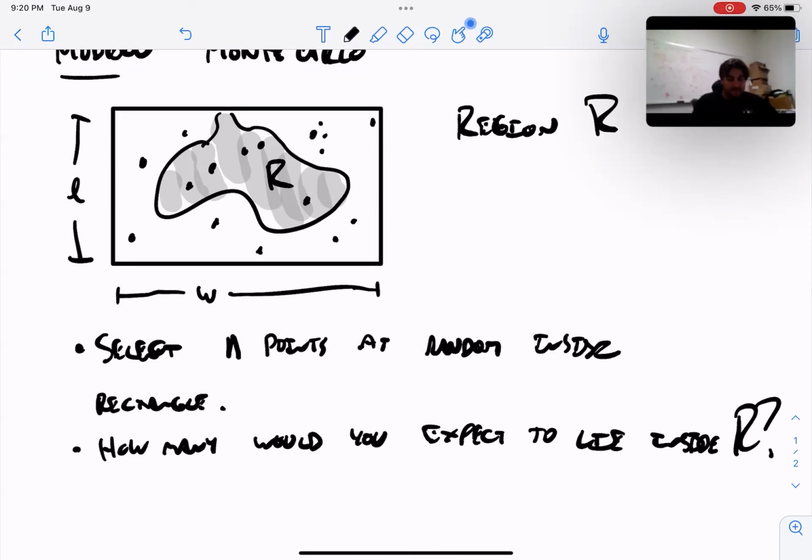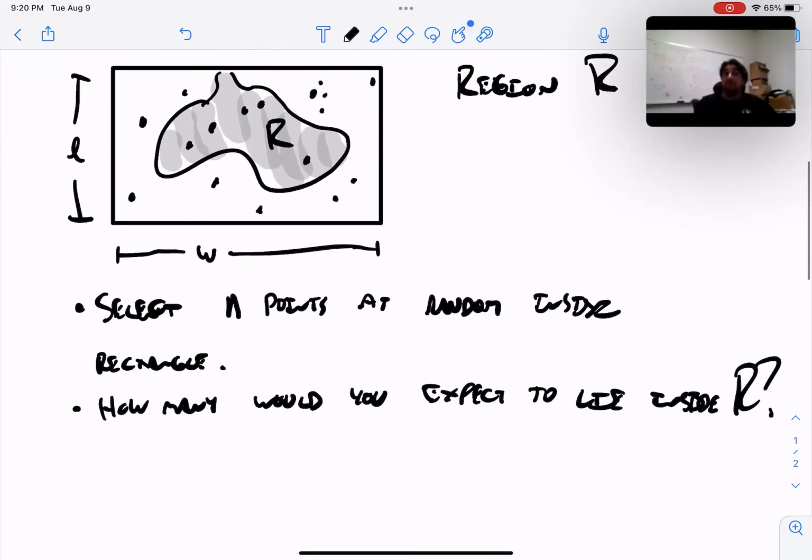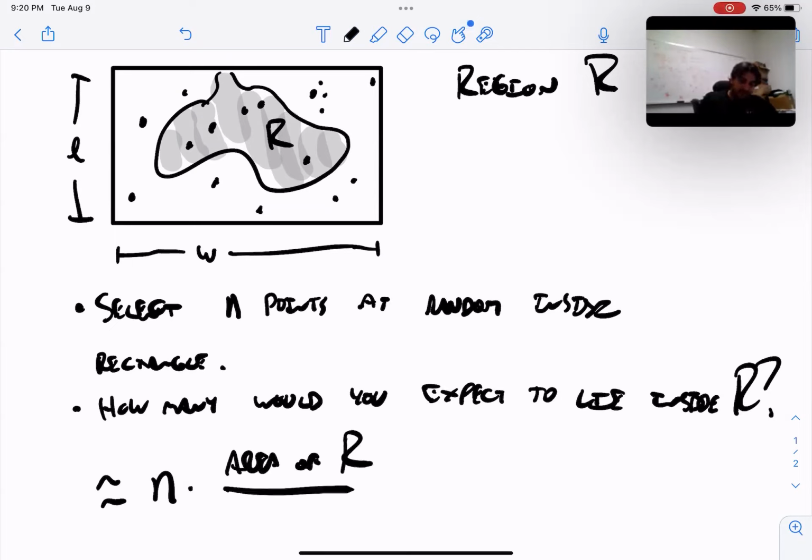Well, think about the areas. How much of this rectangle is occupied by R? So out of the n points, you'd expect n times the area of R divided by W times L, the area of the rectangle.